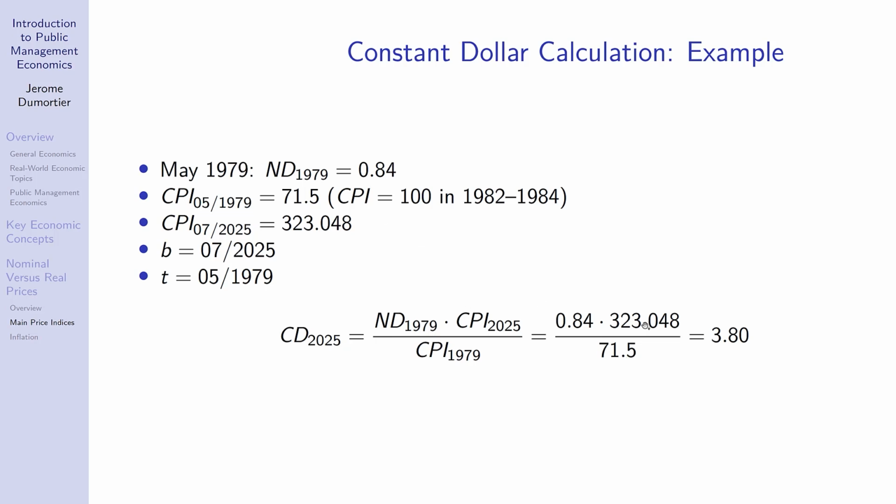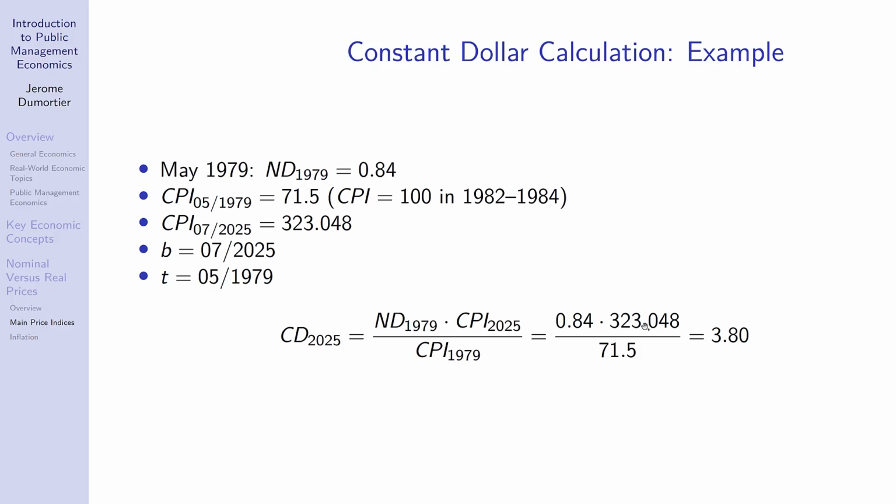And you see that the gasoline price in today's dollars was actually $3.80, okay? And when you look at the actual price of gasoline today, you see that the gasoline price in May of 1979 was actually higher than it is today.